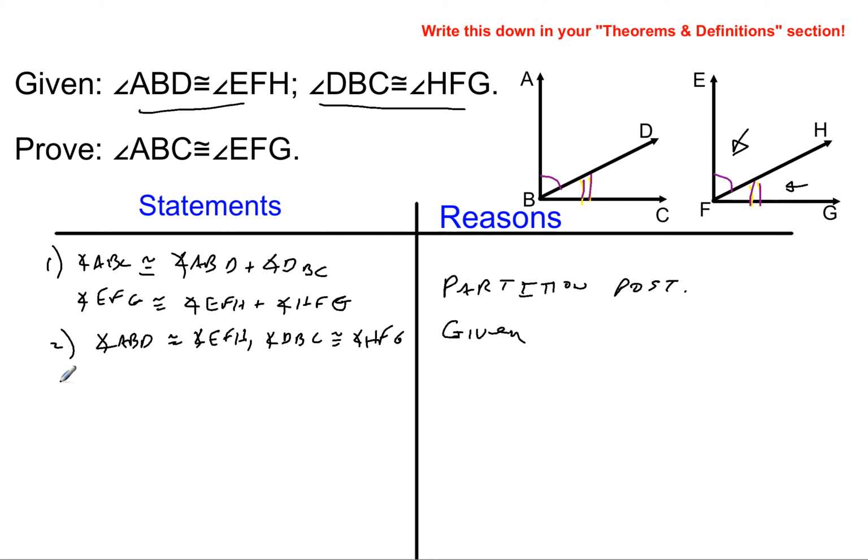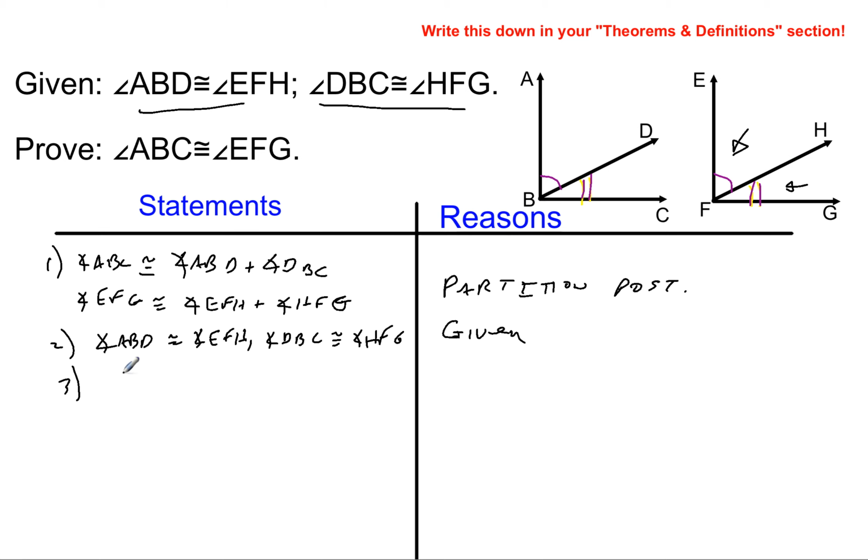Well, what is statement number 3 going to say? Remember, what I want to show is that if I add ABD plus DBC, I get ABC. So I want to show that ABD plus DBC is equal to EFH plus HFG. In other words, if I sum these two angles, they equal the sum of these two angles.